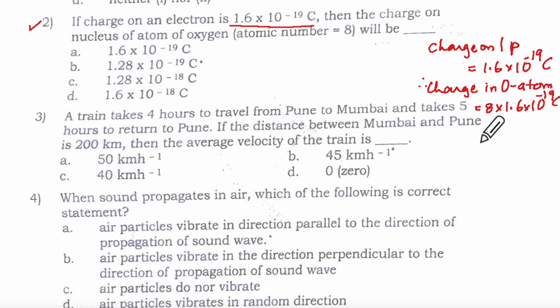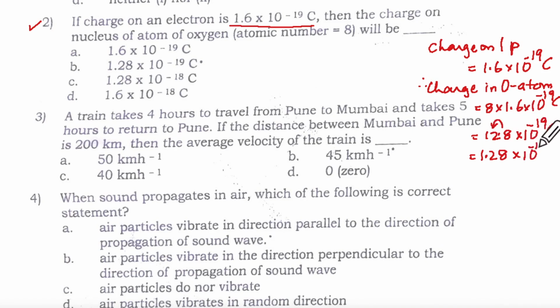What did they say? They multiplied. 16 8s are 128. So 12.8 into 10 to the power minus 19 coulomb. But they have given you 1.28. So for 1.28 I shift the decimal, which means I divide, so here I multiply.